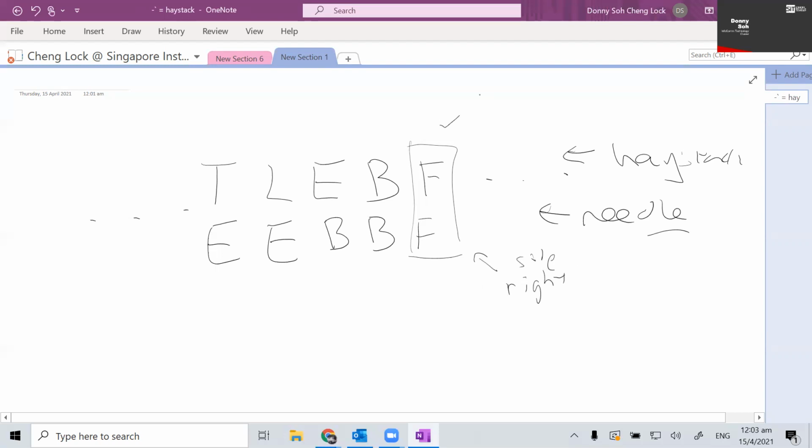And this is a match. This is a match. So this is not a match. When we don't hit a match, there can in a way only be two scenarios that can occur. What are the two scenarios?